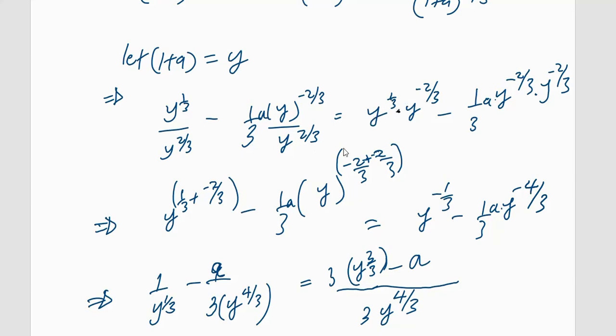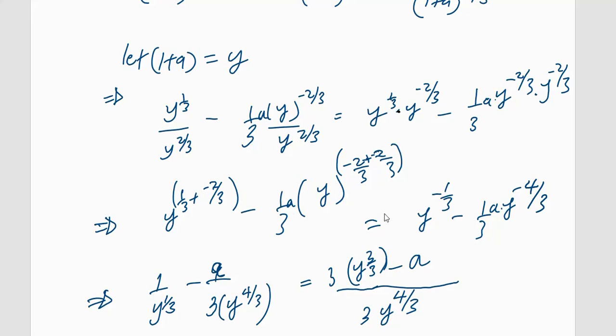Using the laws of indices, this is y to power 1/3 plus negative 2/3, then minus 1/3 times a times y to power, also remember y is common here and it is the same base. Since they are the same and I'm multiplying, I have to add the powers. So this will be a y to power negative 2/3 plus negative 2/3.